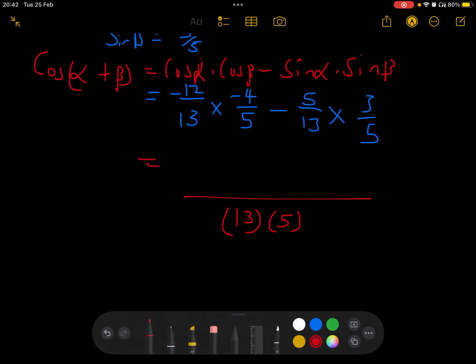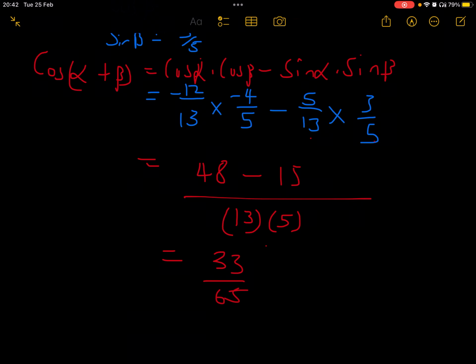Therefore, it's going to be 1 times negative 12 times negative 4, which becomes a positive 48, minus 13 and 5 come here once, and then that'll be 1 times 5 times 3, which is 15. And therefore, we get 33 when we do the subtraction, over 65. And that was without using a calculator.